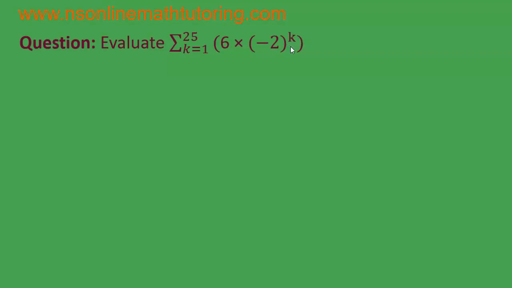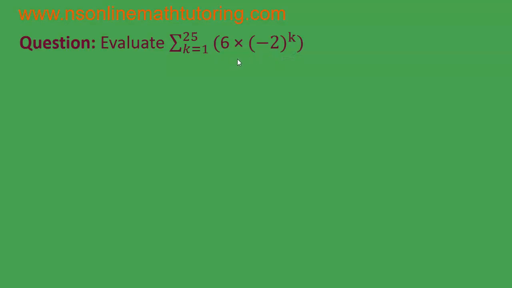Therefore, we need a way of expressing all the terms in a concise manner, and that is when we require this sigma notation. If a series consists of 5 terms, we will just write those 5 terms. We do not need a sigma notation for a series of only 5 terms.